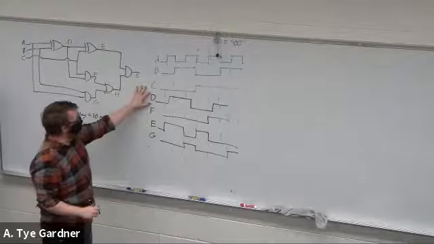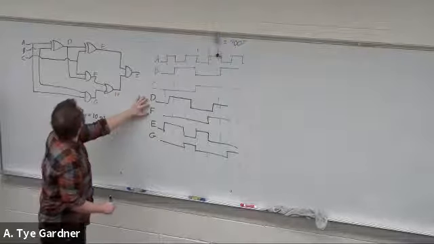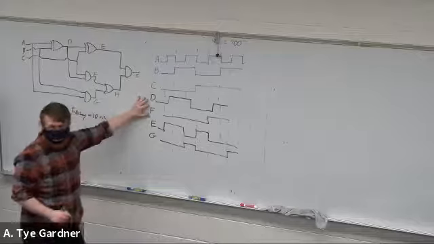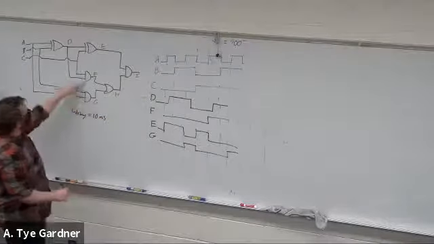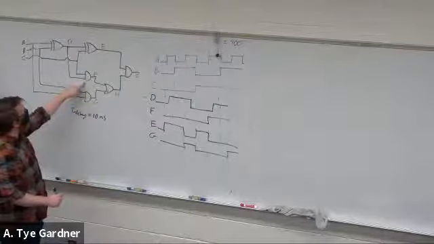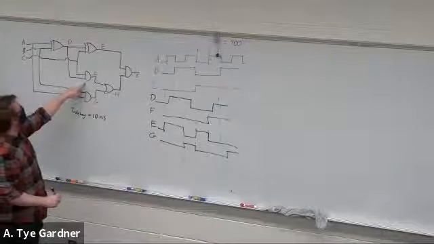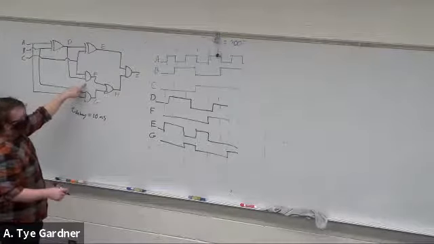That's an easy fix. F. Now F has 2 gate delays if A has changed. Right? So F has to worry about the change in D. So we'll just look for where does D or C change, which means where does F change?